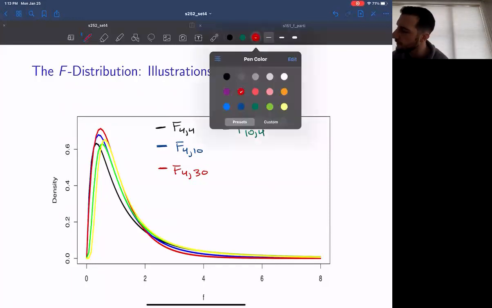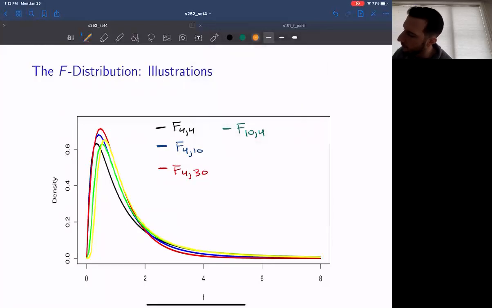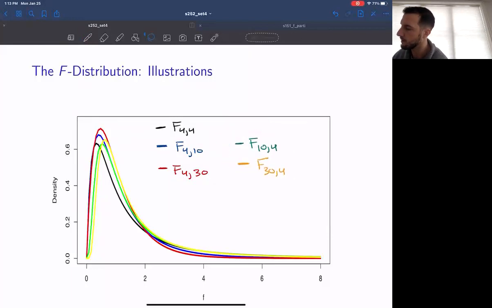And then the last curve, which is the yellow one, I'll use this because it's hard to see the yellow color. This is going to be when you have 30 and 4. So maybe we'll just set it up like this. And then we can see here, so this would be tail in, peak up.